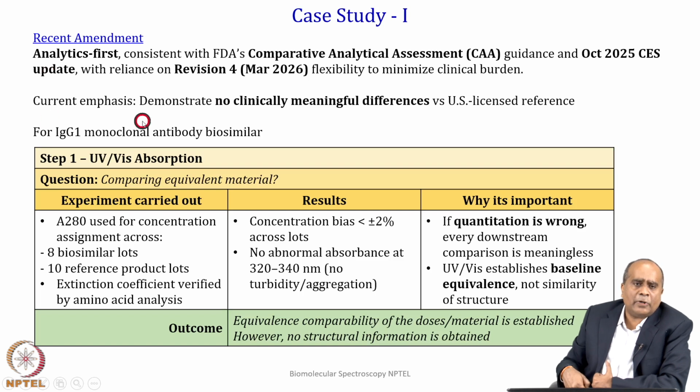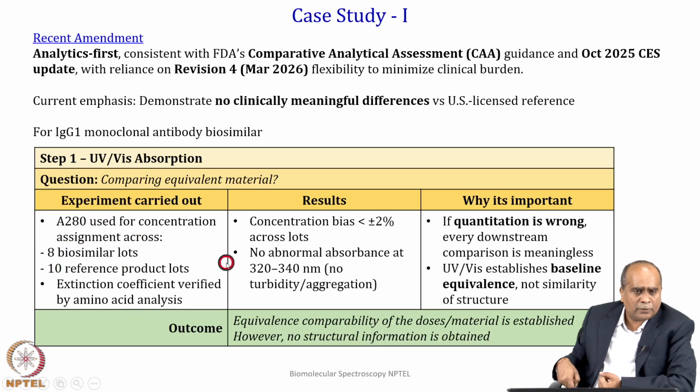So, for an IgG1 monoclonal antibody biosimilar, the first step is to take UV visible absorption. The question: are we comparing equivalent material? That is the question we are starting with. So, what experiment do we have to design? Take this biosimilar, measure absorption at 280 for the concentration, and then you take 8 lots of biosimilar and 10 lots of reference product, with the extinction coefficient verified by amino acid analysis.